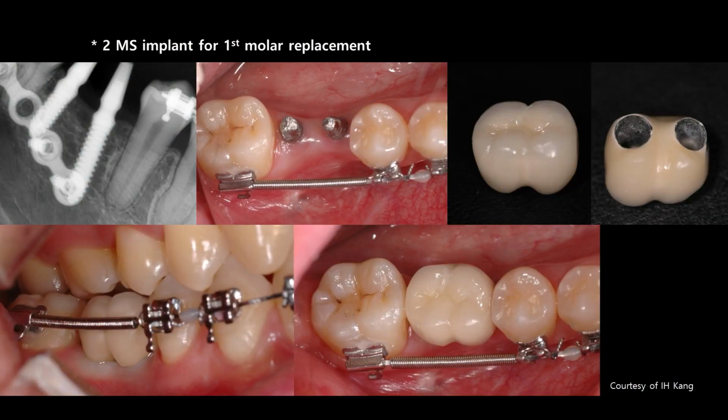This is not commonly done, but in a very narrow buccolingual ridge when extraction was made a long time ago, the buccolingual space is very tight, but the mesiodistal width is enough. 2 MS implants can be used to make one molar, one at the distal and one at the mesial roots.